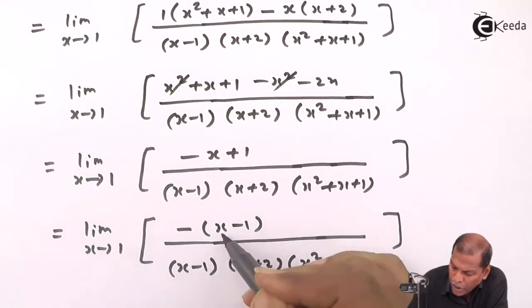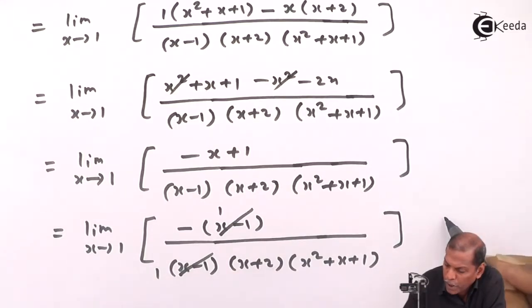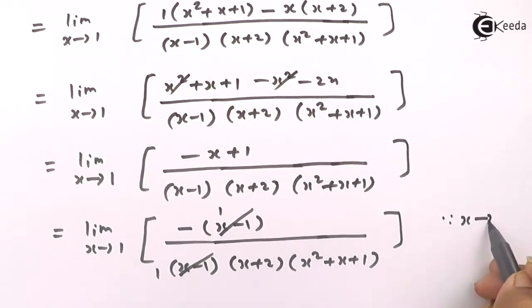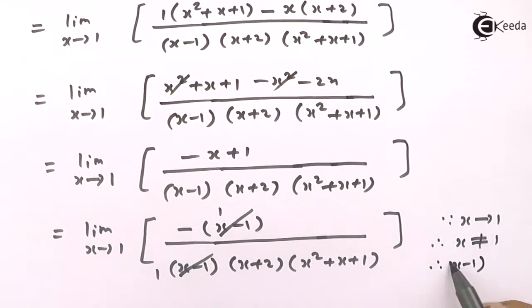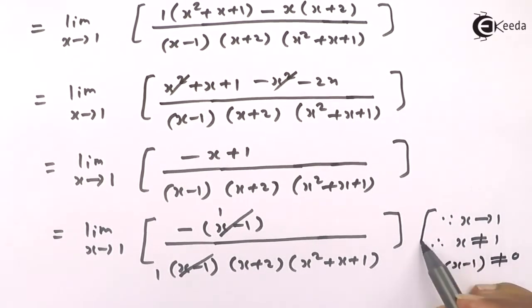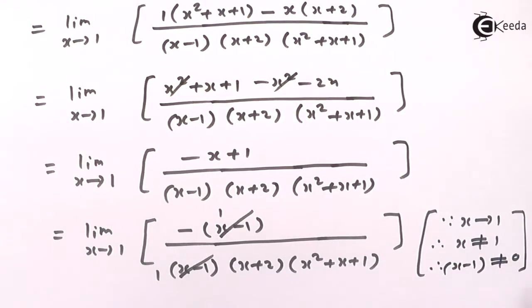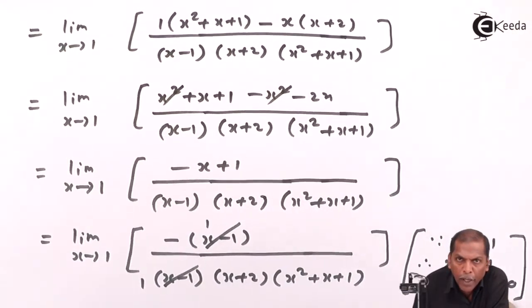Now here we cancel the term x minus 1 from numerator and denominator, stating the reason that since x tends to 1, therefore x is not equal to 1, and therefore x minus 1 is not equal to 0. It means we cancel the term x minus 1 from numerator and denominator.